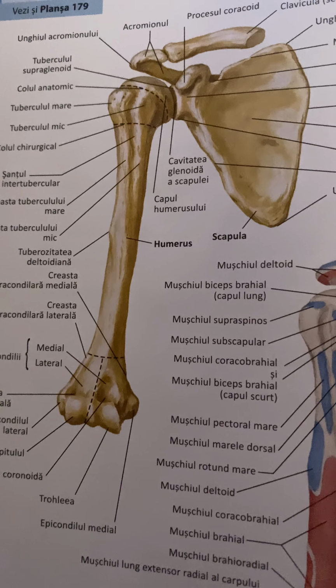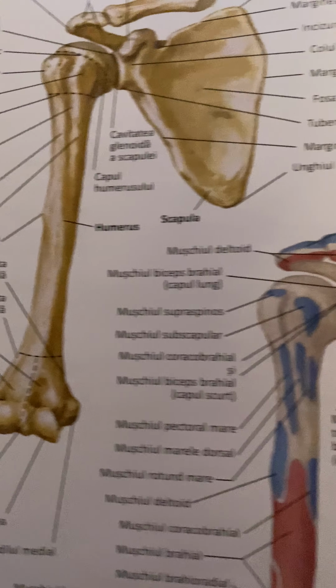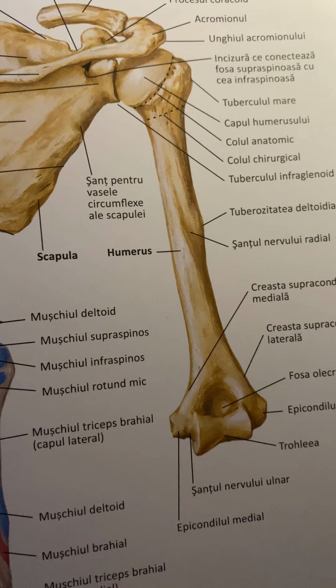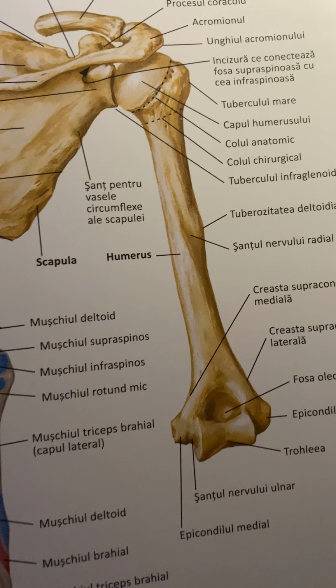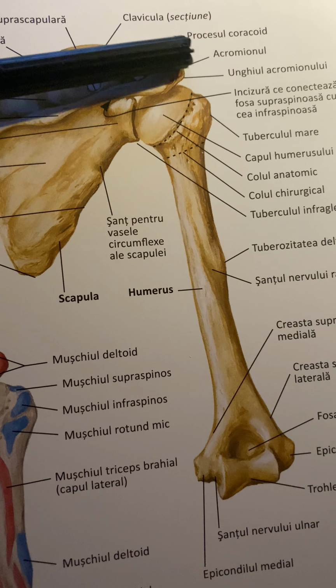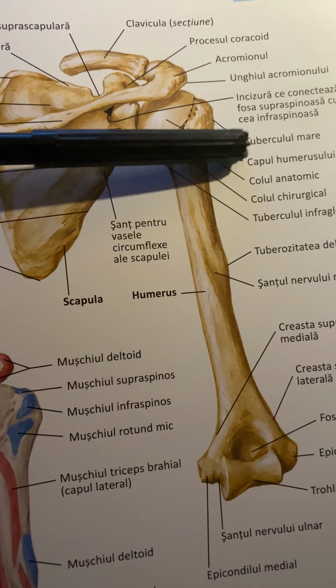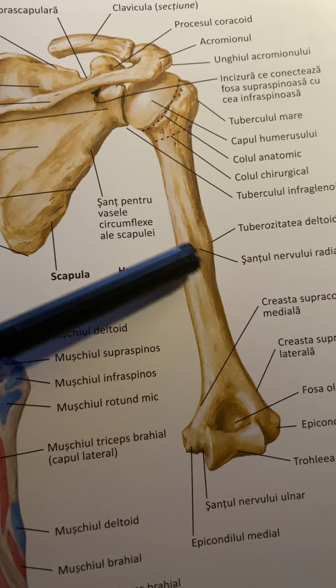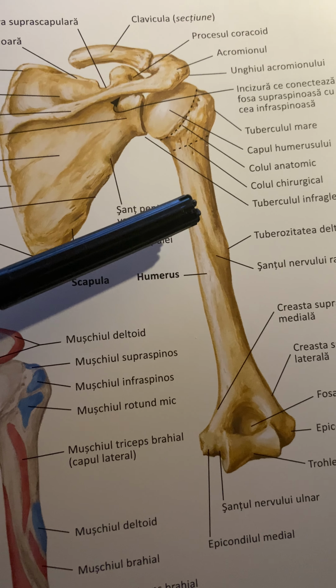So let's have a look on the back of the humerus. So over here you can still see the greater tubercle, and here you can see the radial groove.